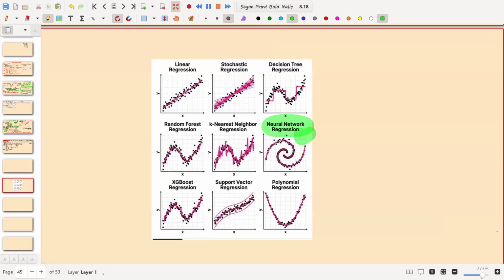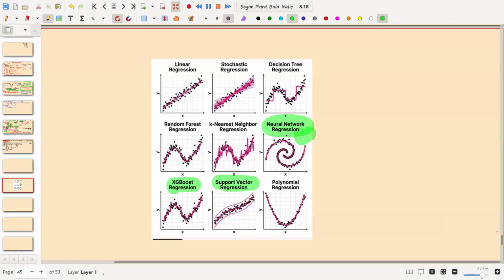SVM and all those things you can play around with. I think that will be done in your class. TensorFlow playground, those who want can Google it now also, and you will see a lot of different figures through which you can make classifications. Then there is XGBoost regression also, support vector regression, polynomial regression.